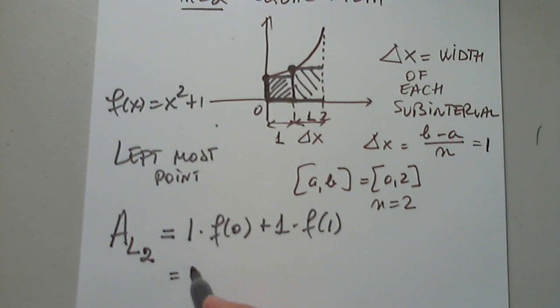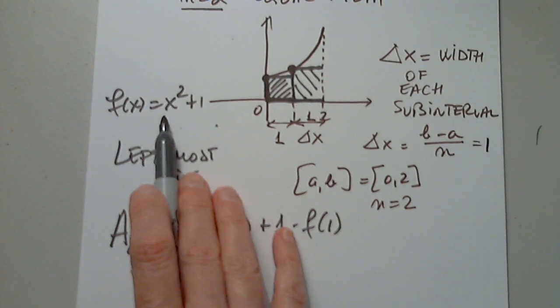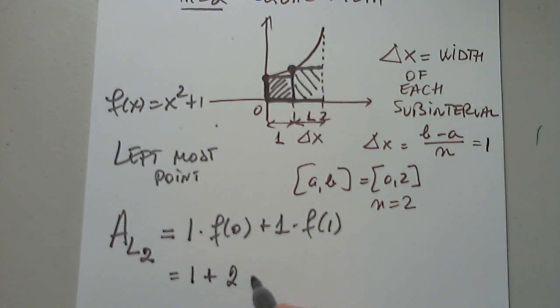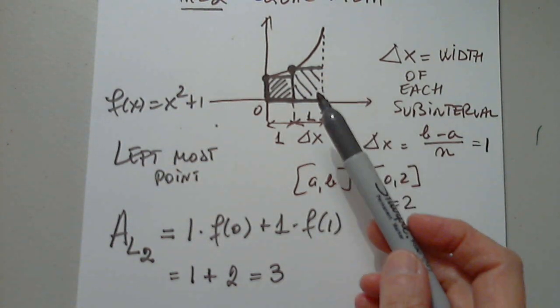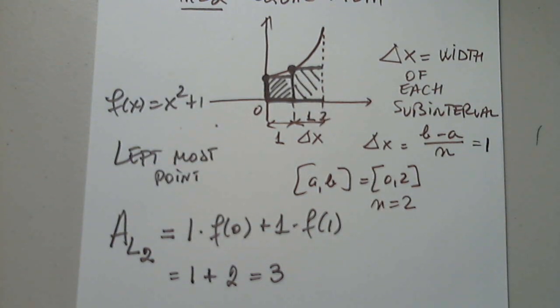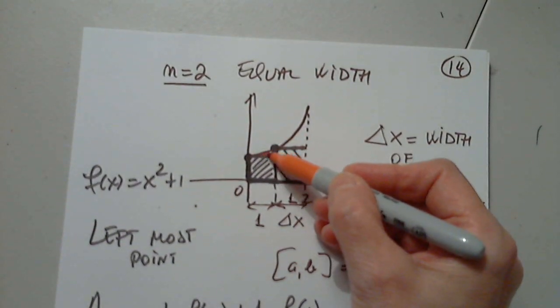F of 0 is 1, plus f of 1 is 2. So the area, it's an approximation, it's a gross estimate, of course, is 3. Is this an underestimate or an overestimate of the correct exact area? Underestimate. Of course, under. Because these pieces are missing.